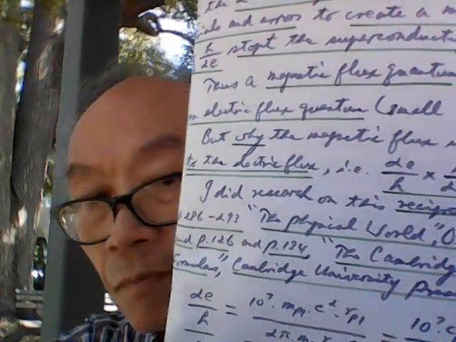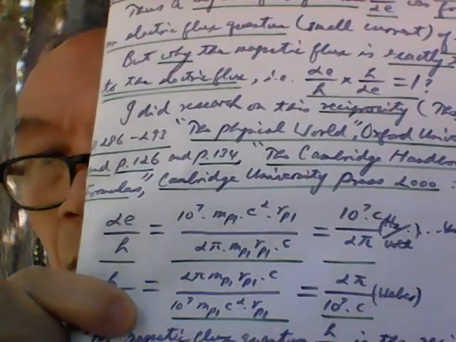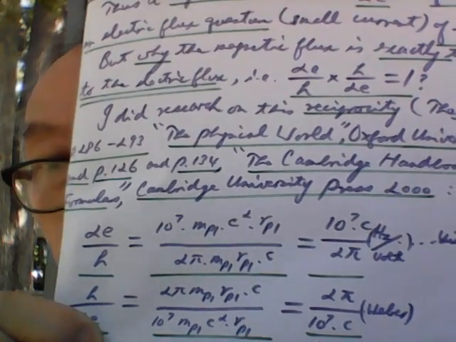And then I also used my newly derived value of E, and you find out that 2E divided by H is equal to 10 to the power 7 times the Planck mass times c squared times Planck length, which is just derived, divided by 2 pi Planck mass times Planck length times c, which is equation 1, which I just showed you.